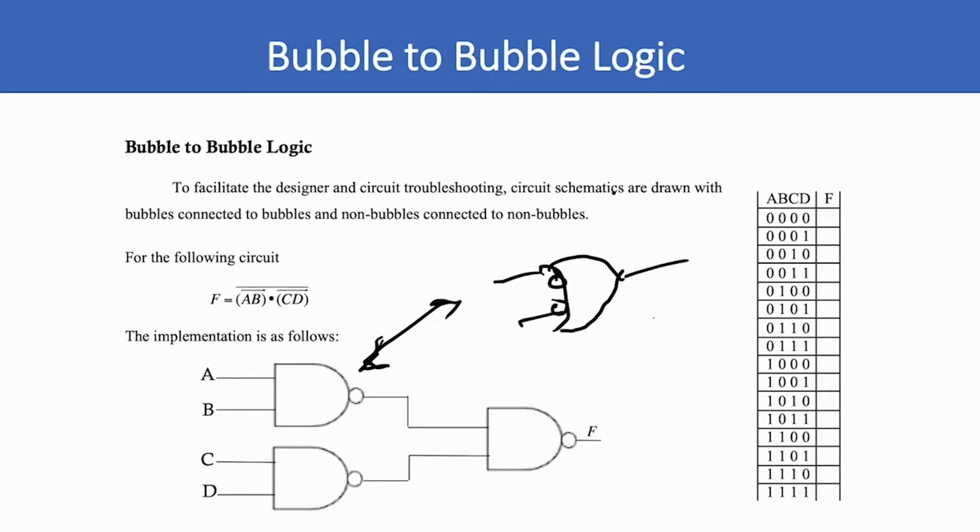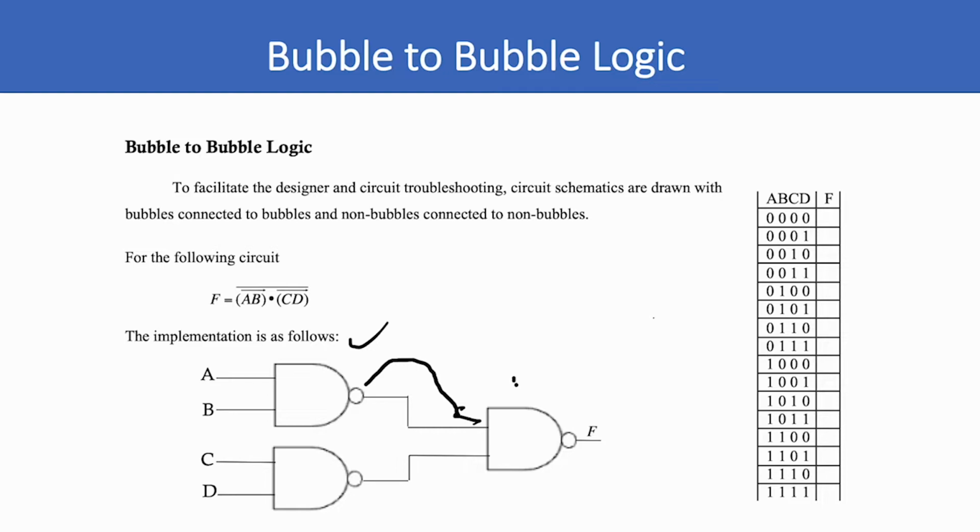And what bubble to bubble logic says, in most cases where you can, when you have an output bubble, make sure you connect it to an input bubble. Well, there's no input bubble here. So we've kind of violated that rule with this implementation.